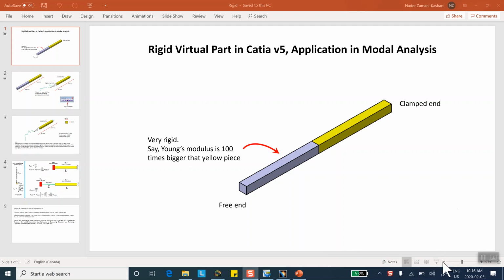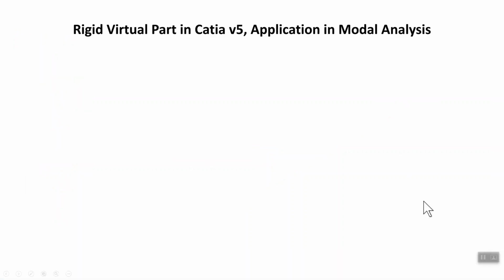Okay, a few months ago, I made a tutorial on the concept of virtual parts in CATIA, but primarily those were dealing with static analysis. How do you use virtual parts in static analysis?